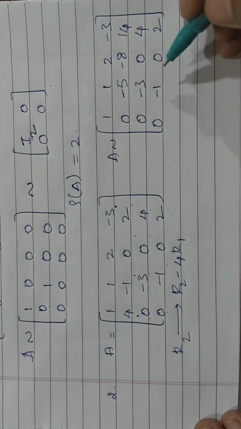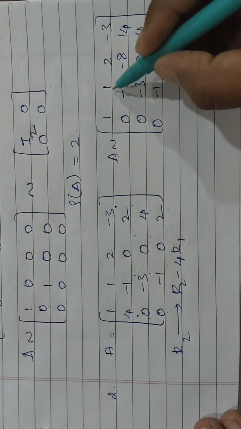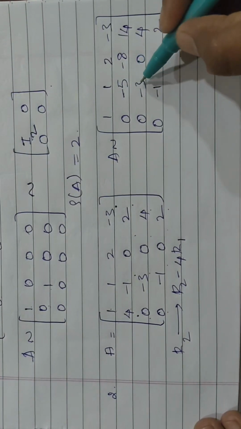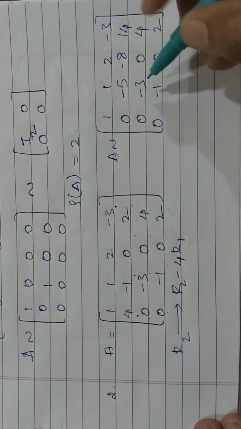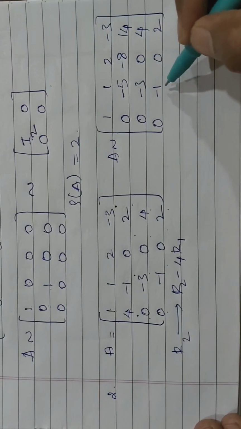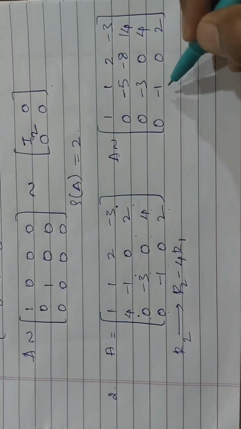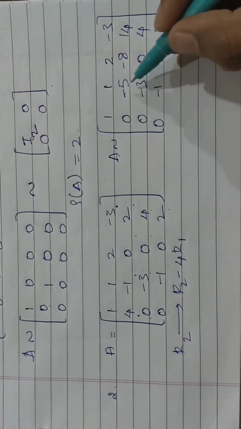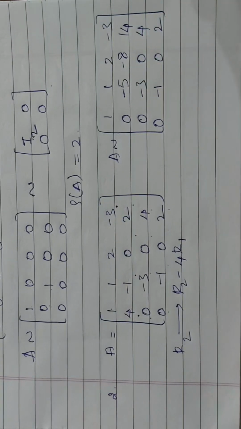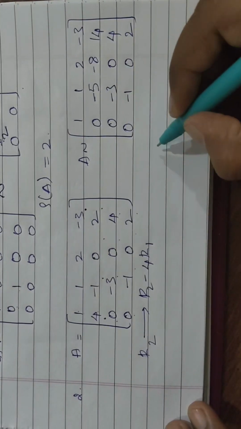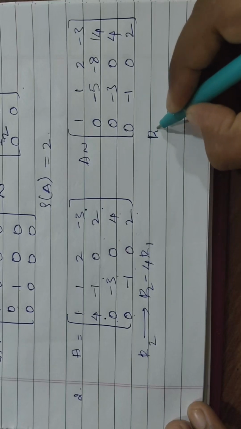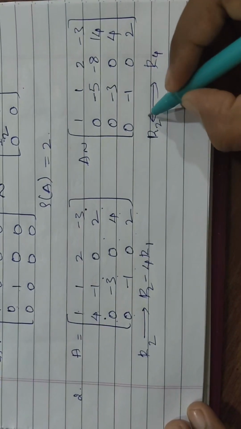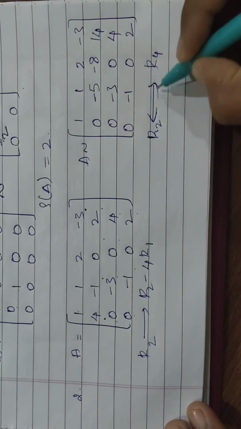And now in the second step, I need to make this one. Before that, I will check whether other rows are having 1 or not. And here I am having minus 1. So what I will do is, I will just exchange this row with this row, so that I will get minus 1 here. Okay. So I will exchange R2 with R4. And for exchanging, I will write a double-headed arrow. Okay.